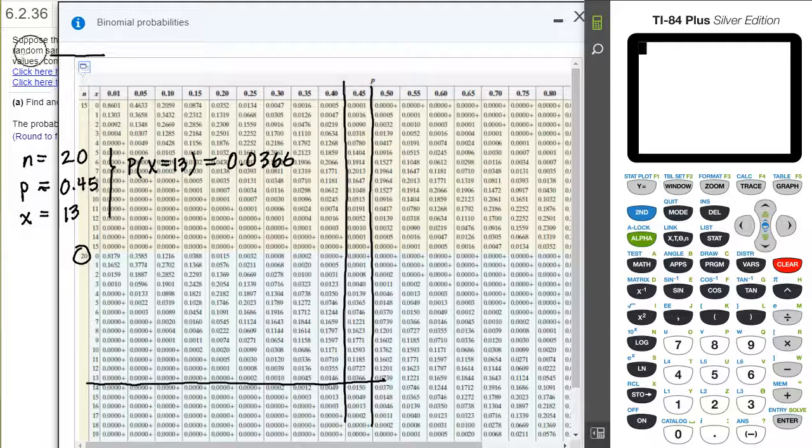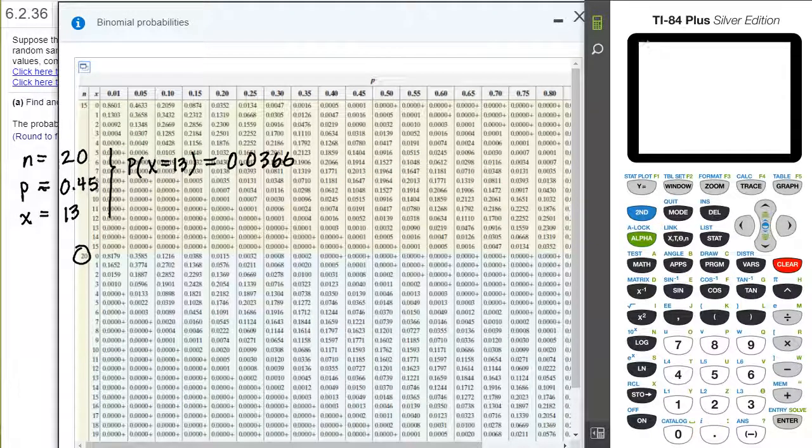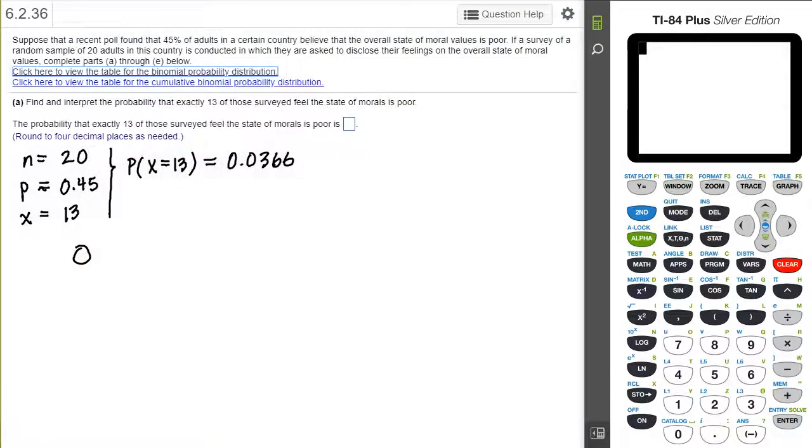If you want to do it from the calculator, you don't have to read the whole table. We do have to find the distribution in the calculator. So on the calculator, we'll use what we call the binomial PDF, probability distribution function. It's pre-programmed to give you back the table values there, a little more accurate than the table values.